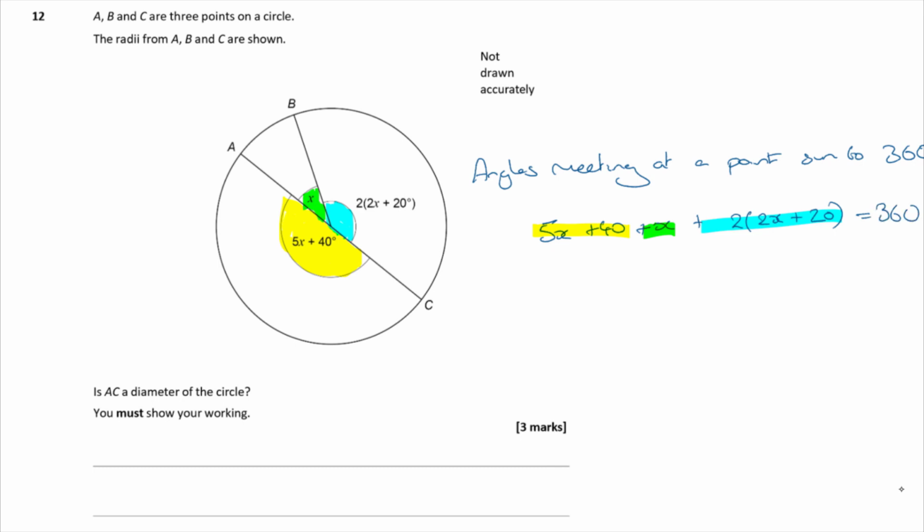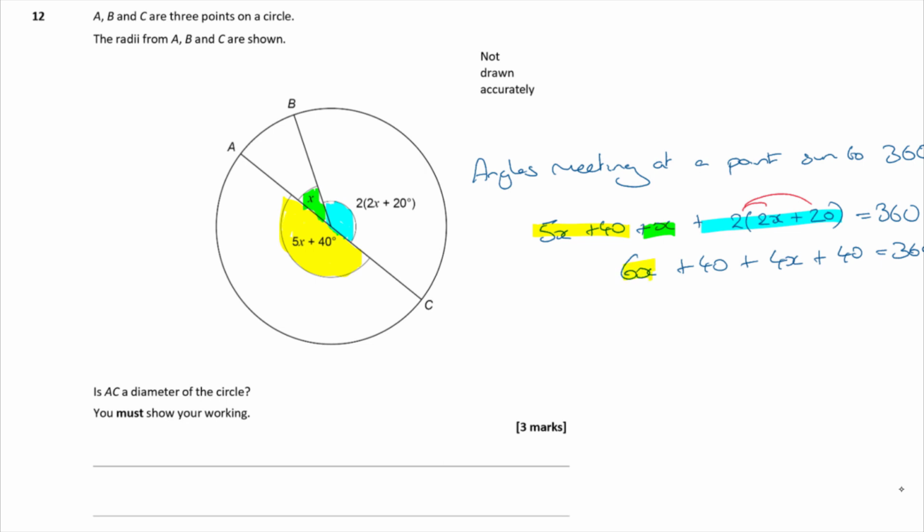Okay, so let's try and collect everything together. Before I do that, I'm going to have to multiply out this bracket here, aren't I? So I might collect the 5x and the x together. So that's 6x plus 40 plus, I've got 2 lots of 2x, which is 4x, and 2 lots of 20, which is 40. So that's equal to 360.